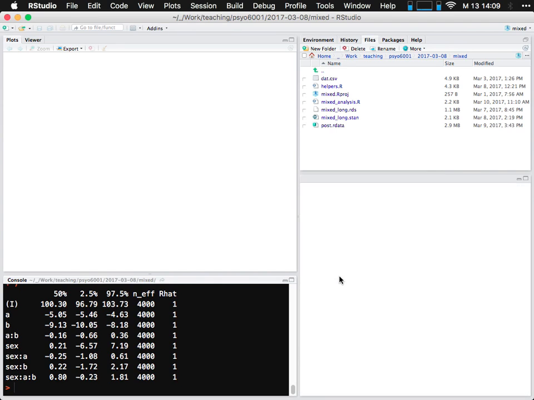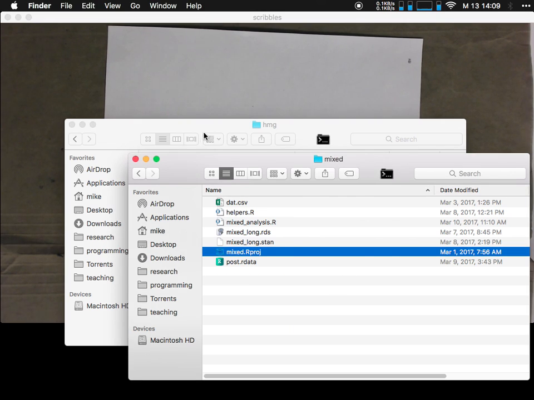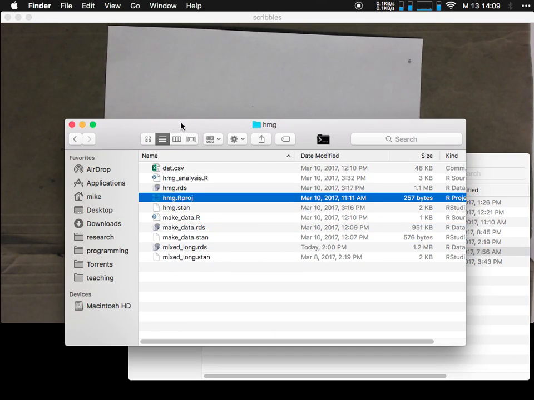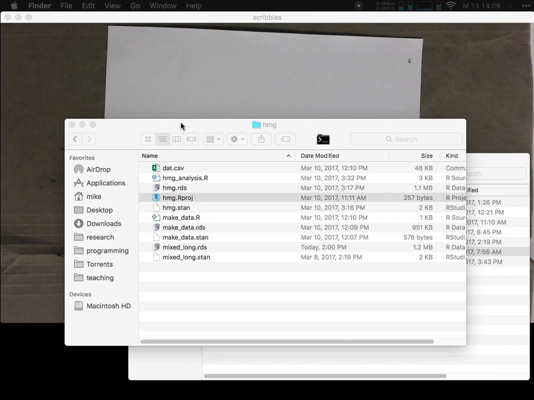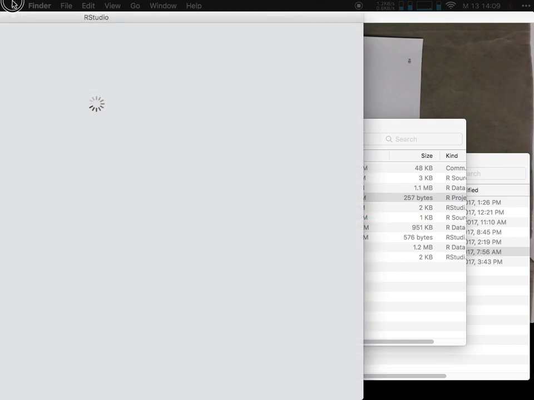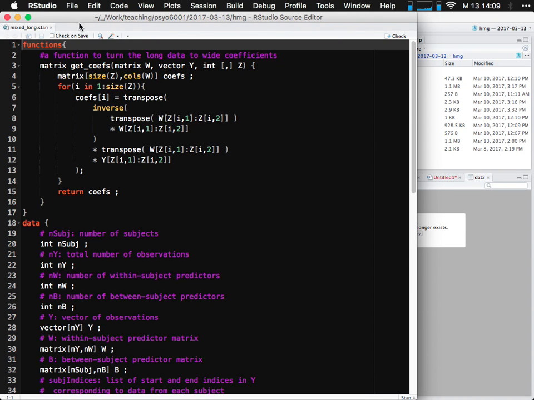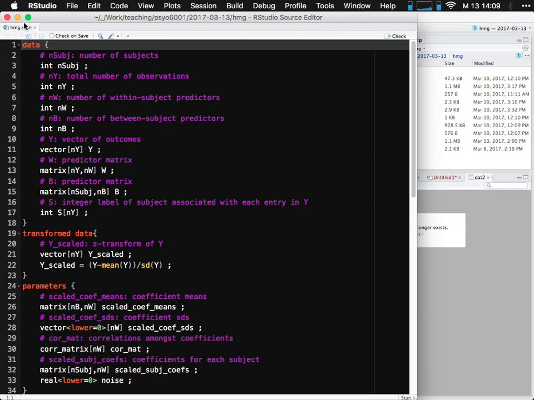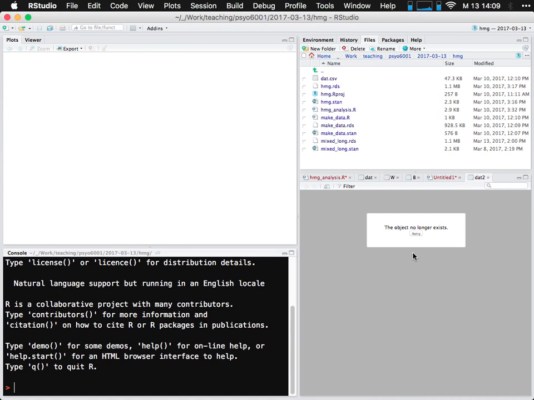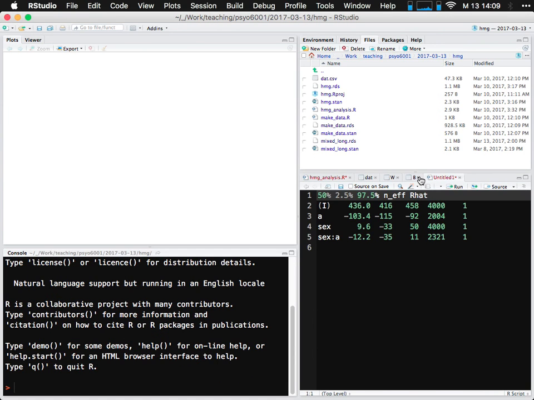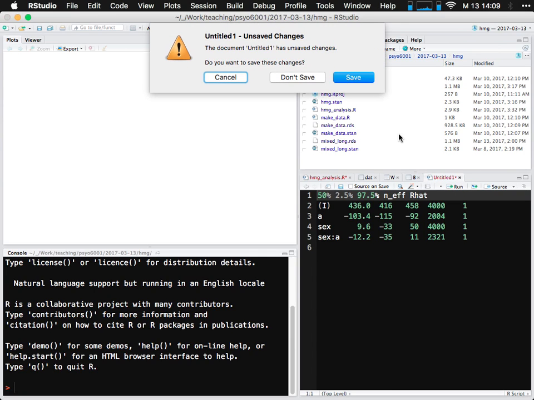This is not hierarchical. Yeah. There we go. Maybe we'll still have the changes. No, that's still there. Don't save.